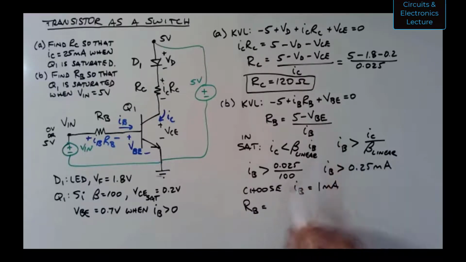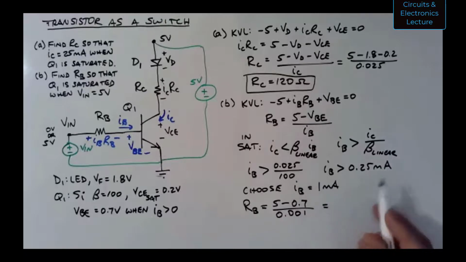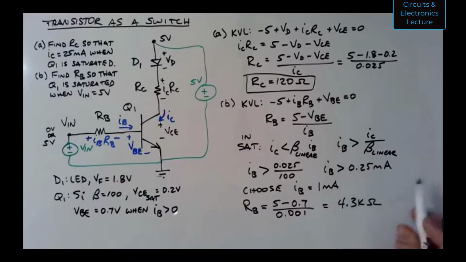So RB equals 5 minus VBE, 0.7. Remember, VBE is 0.7 when current is flowing into the base, divided by 1 milliamp, equals 4.3 kilohms. And that's RB.